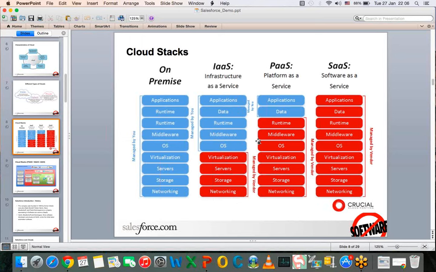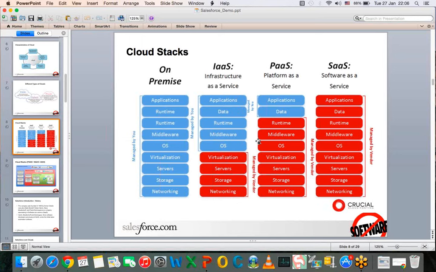There are two things we're going to speak about: one is force.com, another is salesforce.com. In the next couple of slides we'll discuss that. On force.com you build your own applications on the platform along with the data, which is something you enter into the application, so that is also managed by you.